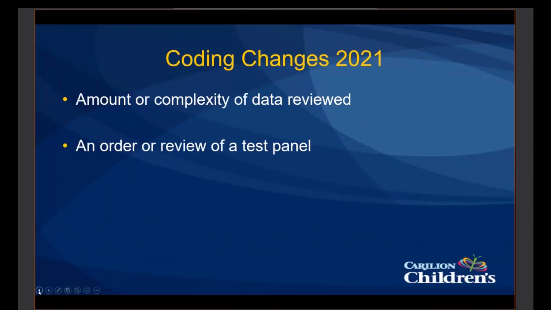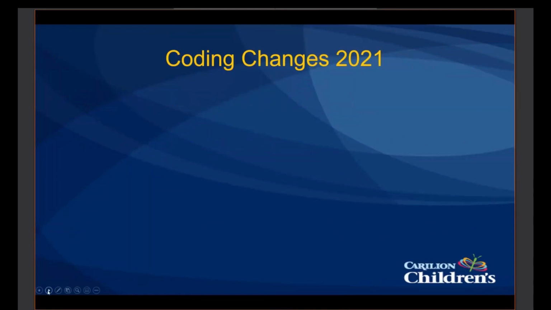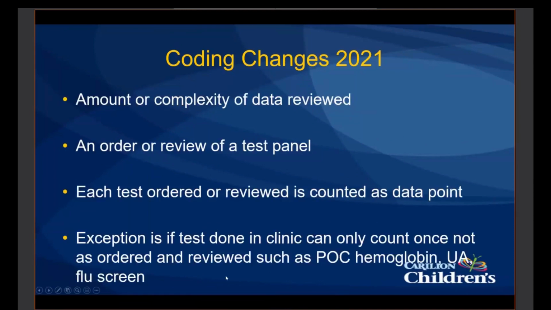So if it's a point of care UA, hemoglobin, a flu screen, you ordered it and you reviewed it, you can only count that as one data point and not 2, because you will be charging for that point of care. Then what is an appropriate source?